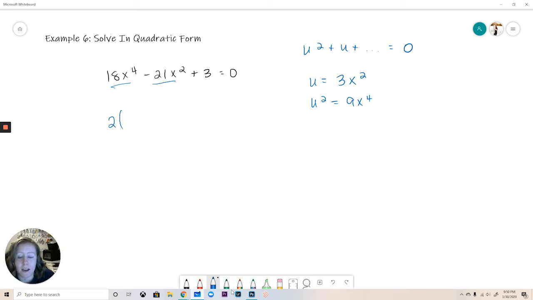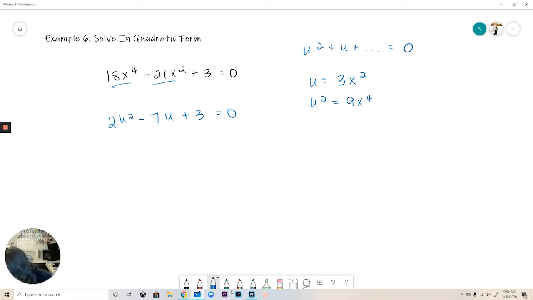And then I'm going to have this u squared, which, well, let me rewrite that. 2u squared, minus 21x squared divided by 3, which is 7u, plus 3 equals 0.